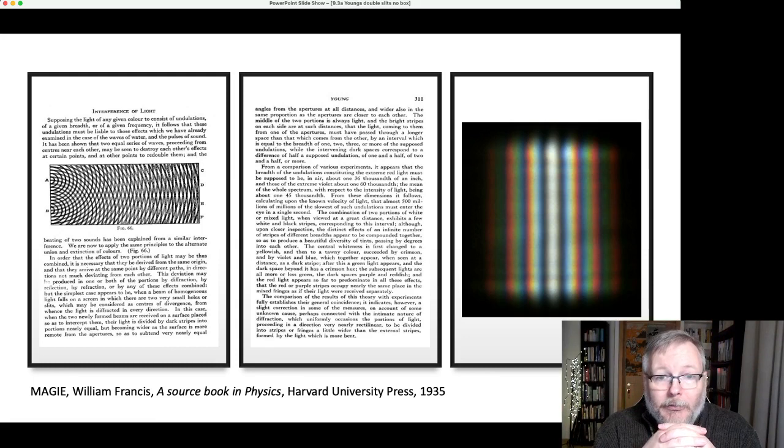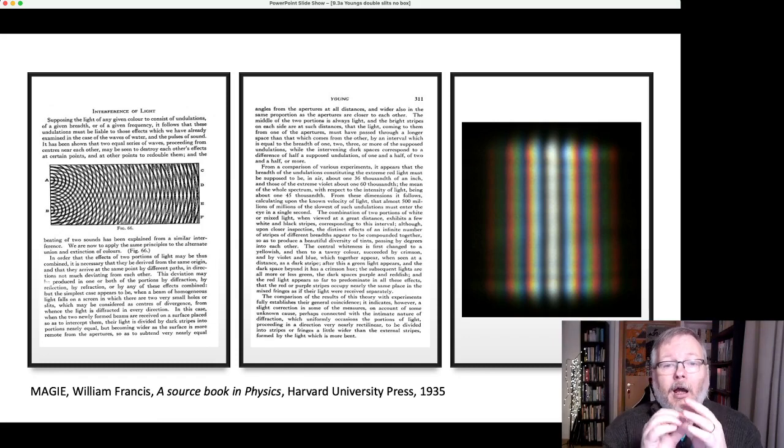The middle of the two portions is always light, and the bright stripes either side are such distances that the light coming to them from one of the apertures must have passed through a longer space. This is again just going back to what you saw in topic 4.4, I think, where the light coming in has, as he describes it, undulations here.